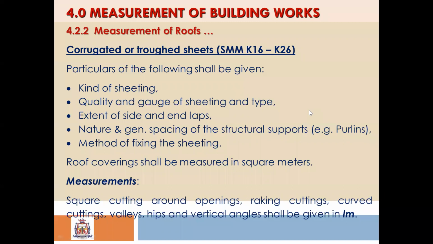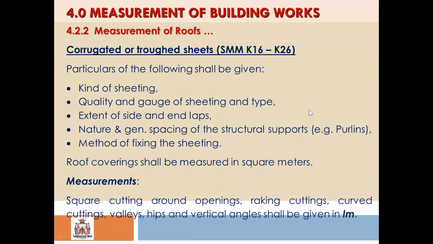Here, particulars of the following are given: the kind of sheeting, the quality and gauge of sheeting and the type, extent of side and end laps, nature and general spacing of the structural supports, for example, purlins, and then the method of fixing the sheeting.